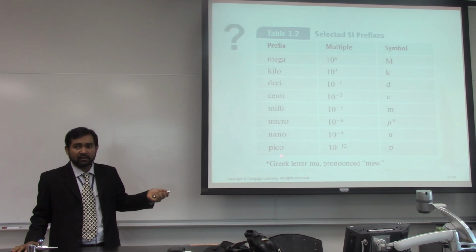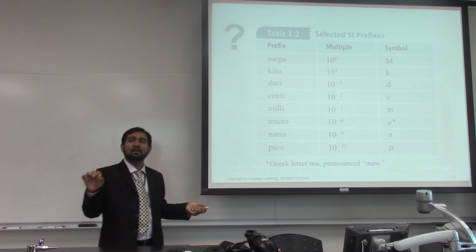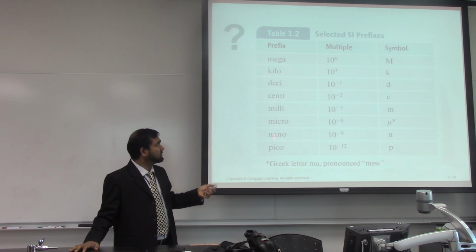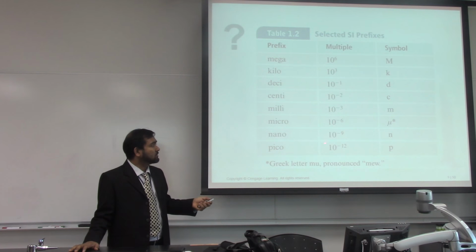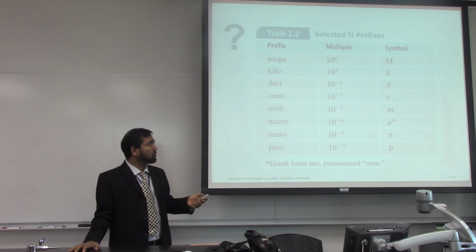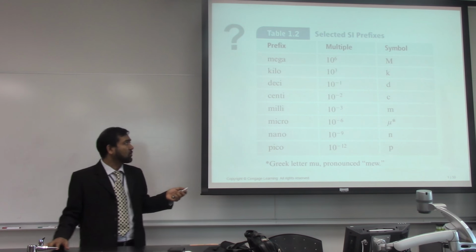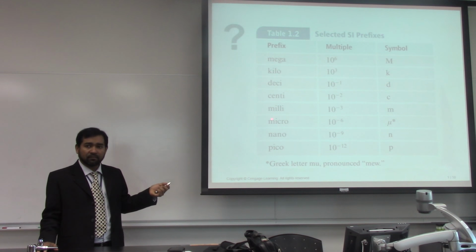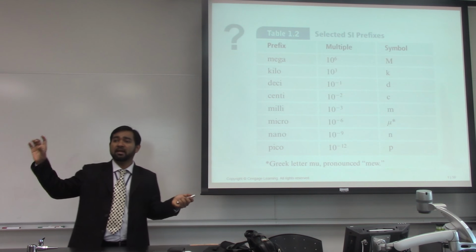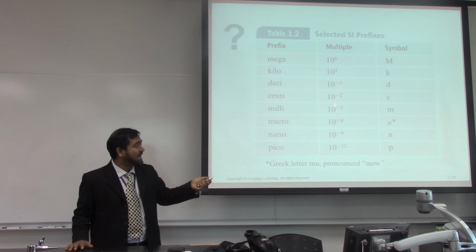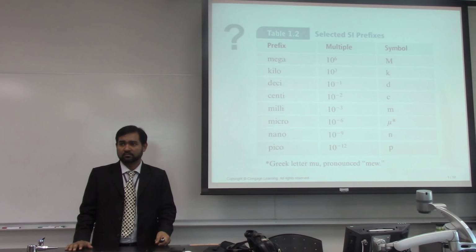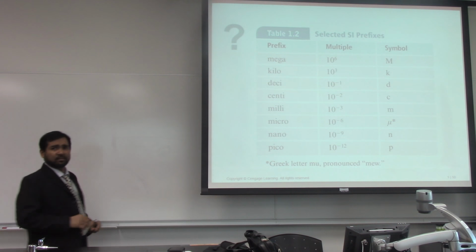When you see the prefix, you need to recognize right away that you can convert from this prefix to that prefix for those base units by using powers of 10. So let's see an example of how it works.